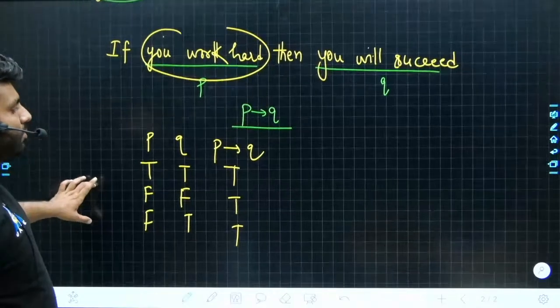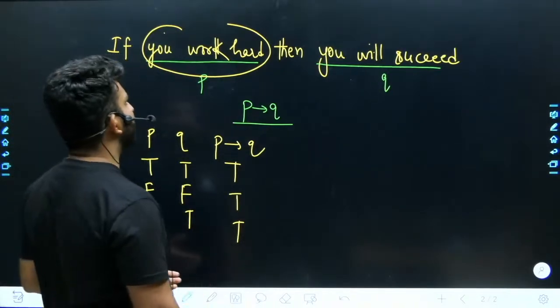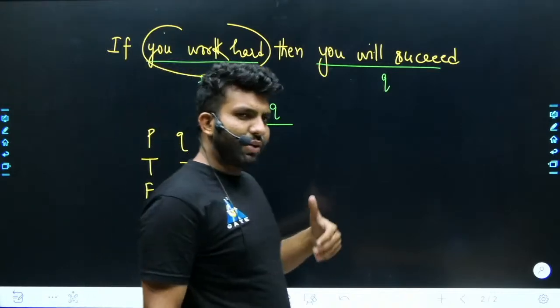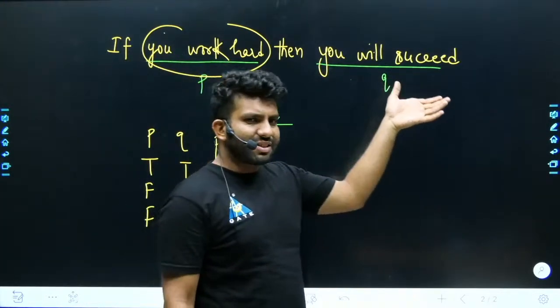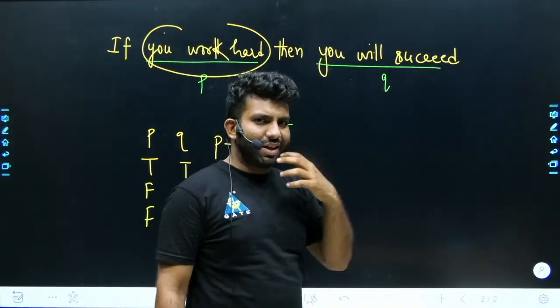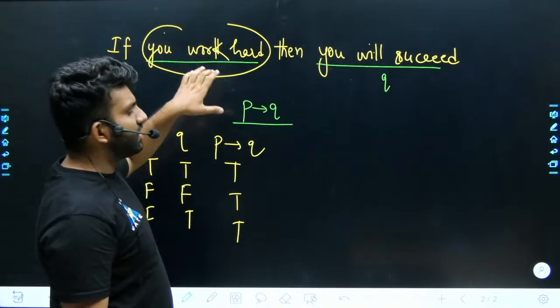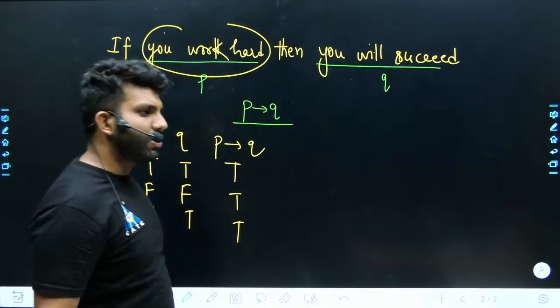So that's why this is by default correct. So when will it be wrong? When will P implies Q be false? Only when you said, sir, I have worked hard. You told me that if you work hard, you'll succeed. I have worked hard, but I didn't succeed. That means I have completed the prerequisite, the initial condition which was required.